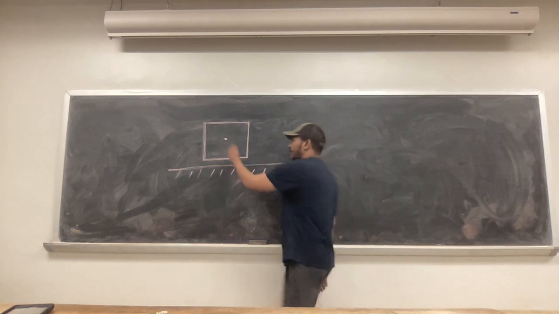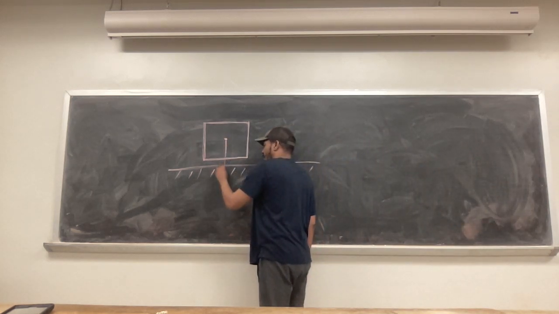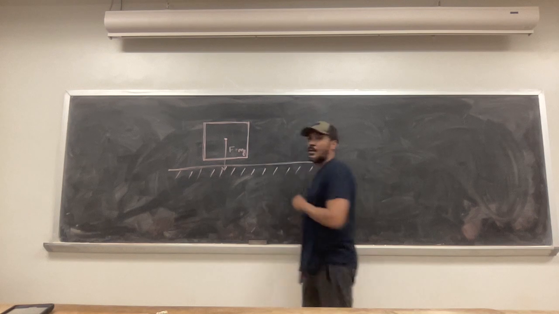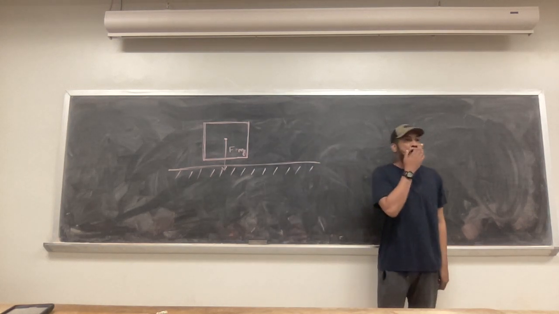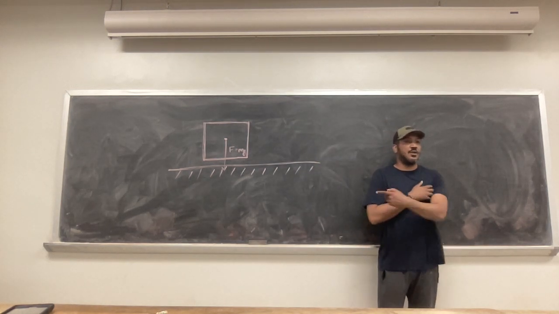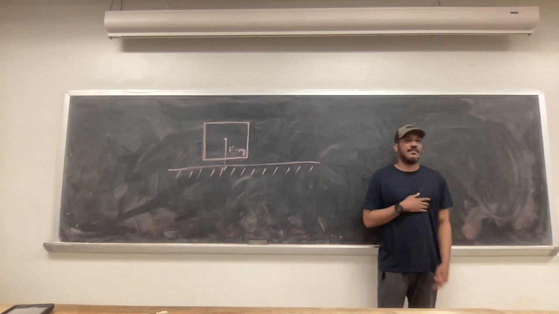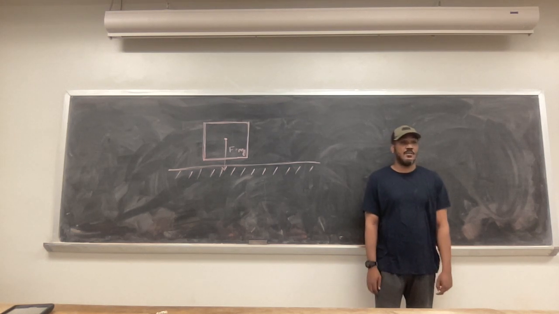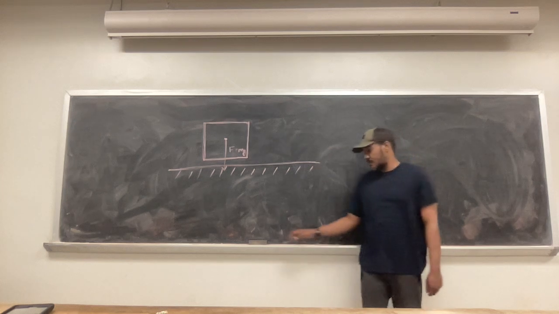If we've got gravity, then we're going to point down, and we're going to call it F equals what? M times g. That's the force due to gravity, which is your weight. So that's the weight of the box.